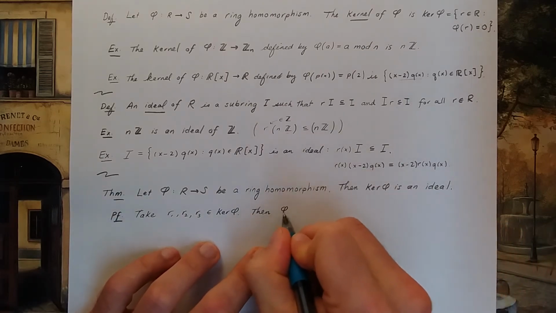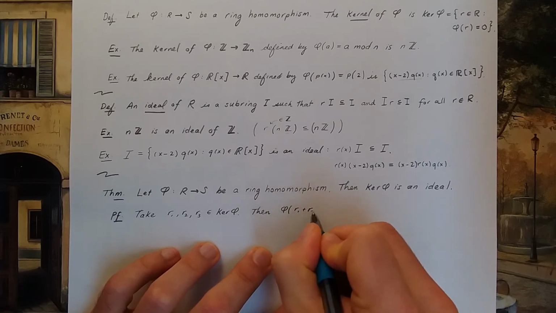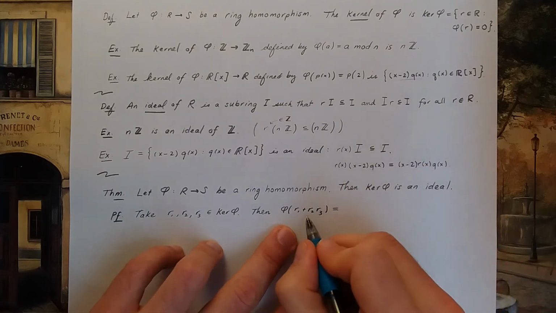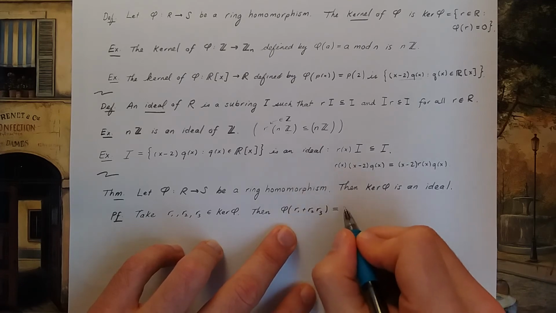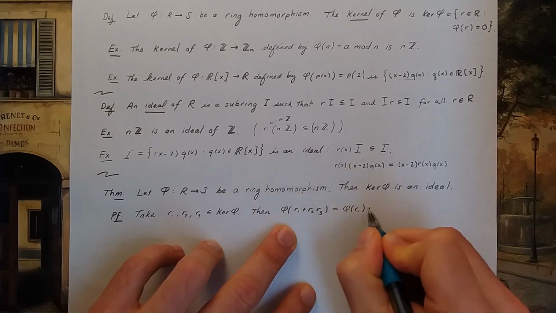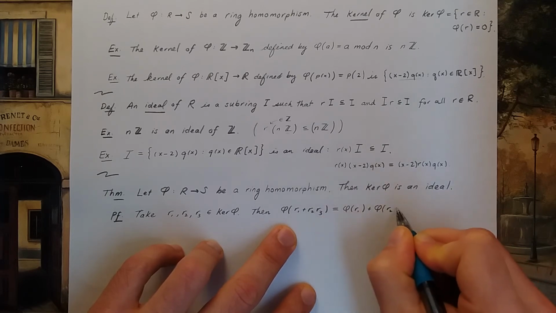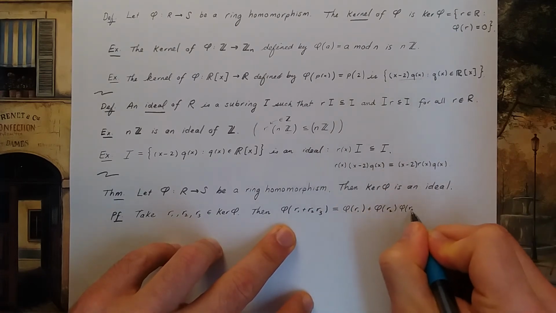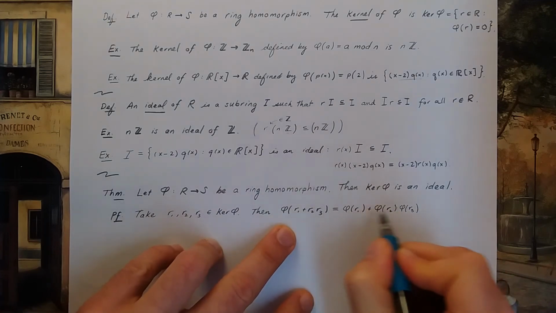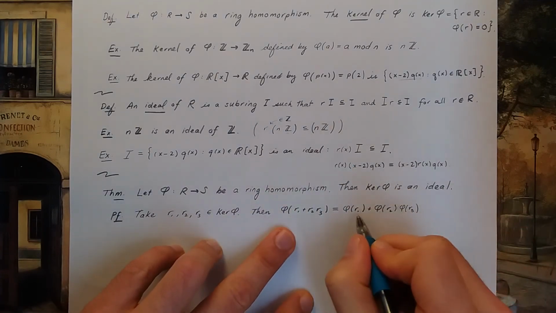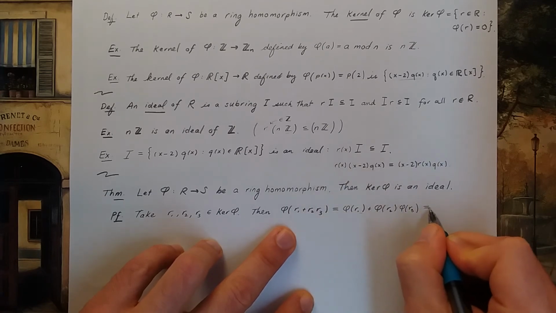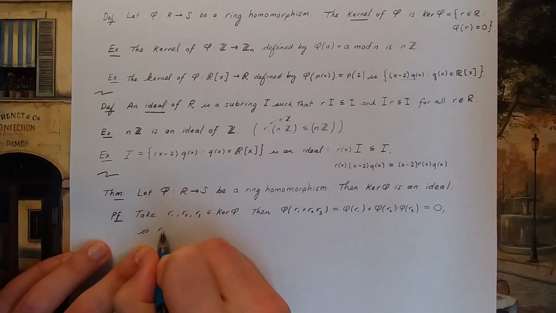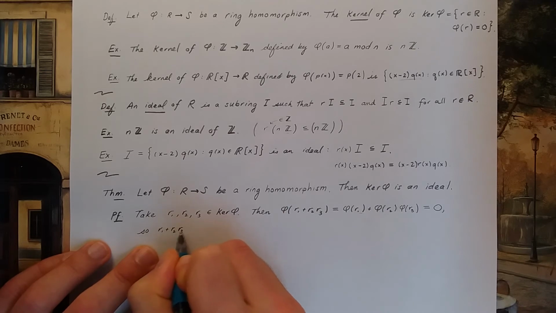Then phi of r1 plus r2 r3 is equal to phi of r1 plus phi of r2 phi of r3. r1, r2, and r3 are in the kernel, so that means every term here is 0, implying r1 plus r2 r3 is back in the kernel.